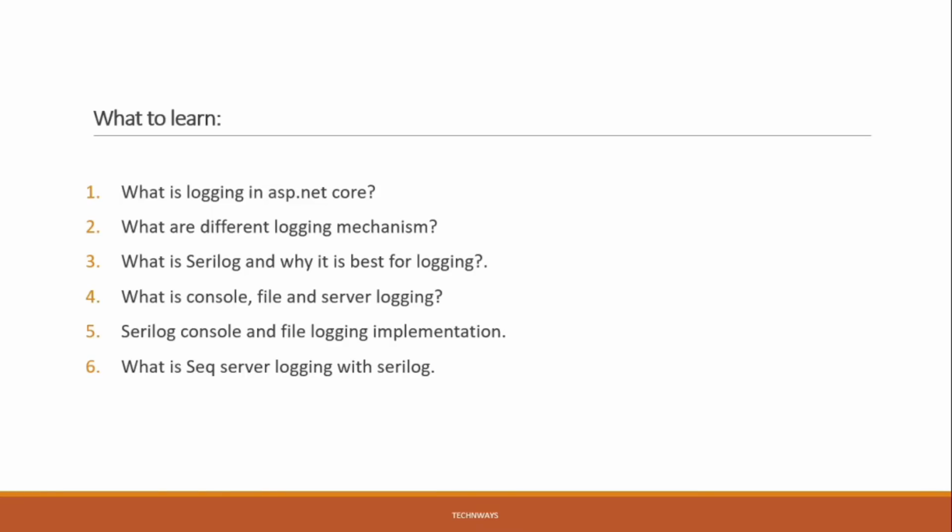So what is Serilog, and what is console-based logging, file-based logging, and server-based logging? These are the different platforms using which we can log our text or errors and whatever exceptions we are getting. Serilog console and file logging implementation, and what is SEQ server logging with Serilog.